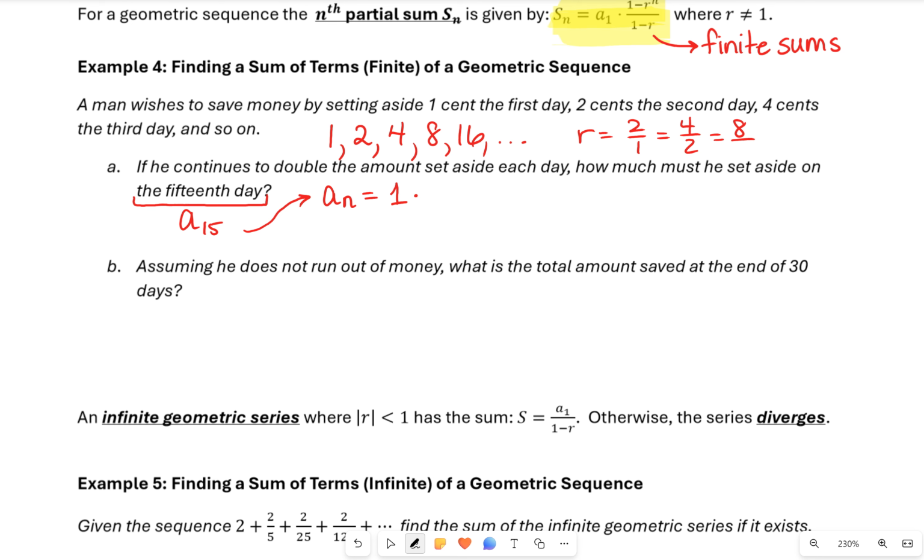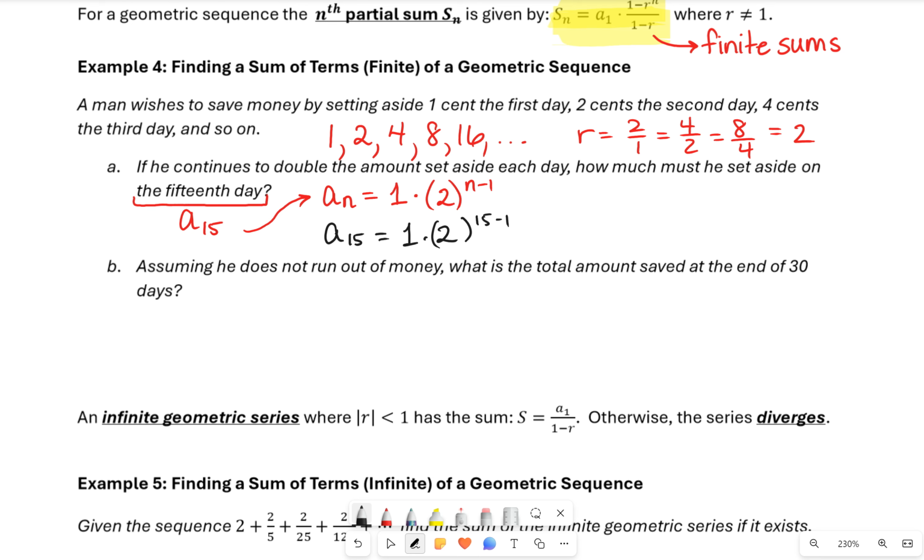So it continues, right? So we know R is a 2. So put my r in parentheses to the n minus 1. That's my explicit formula. So if I need to find a15, it's pretty easy because I put the 15 for the n. So I'm looking for the 15th term equals 1 times 2 to the 15 minus 1.